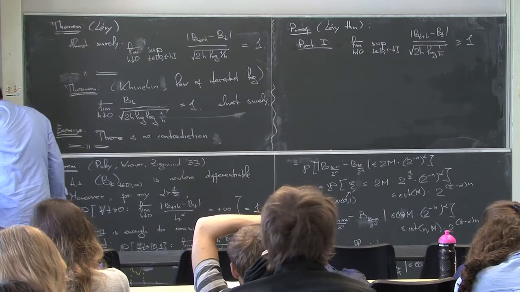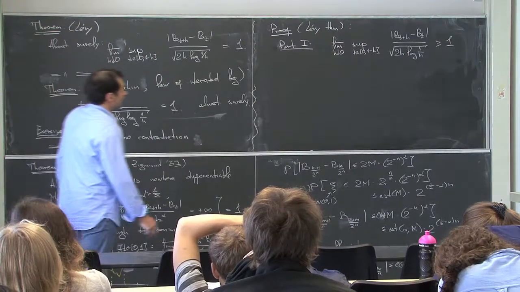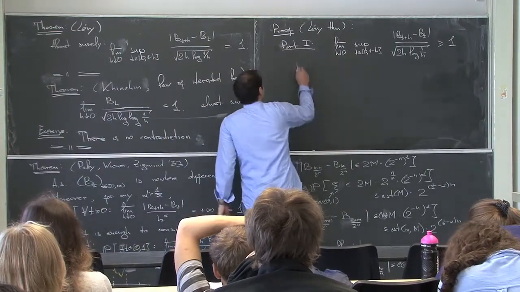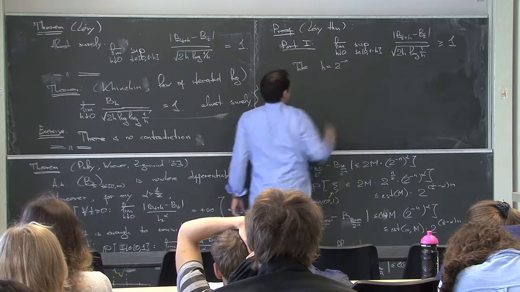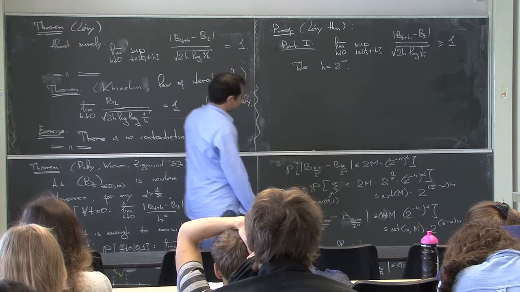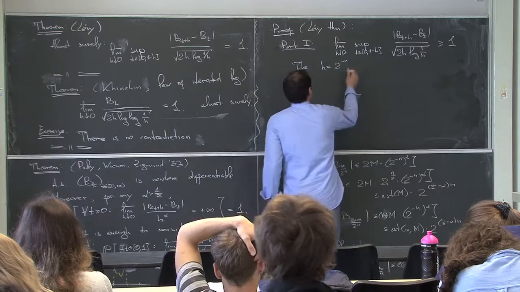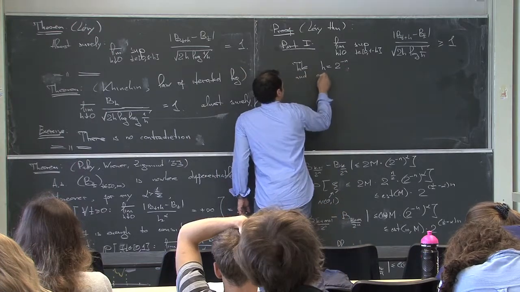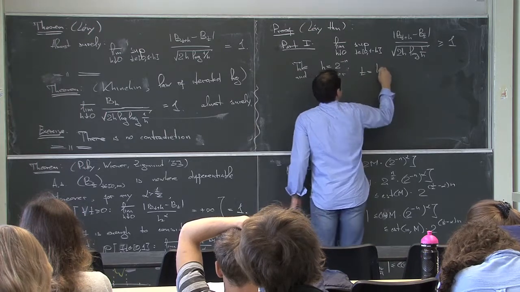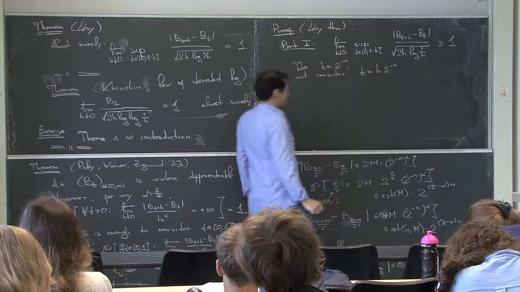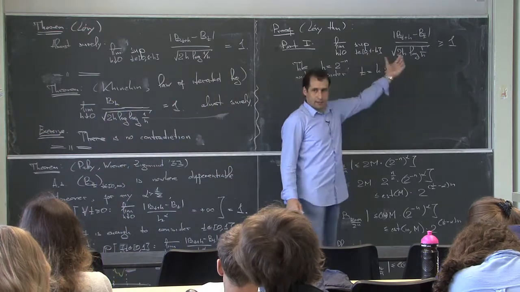What I'm going to do is just take h equal to 2 to the minus n, and think about t equal to k times 2 to the minus n. So I'm just going to consider many independent increments.